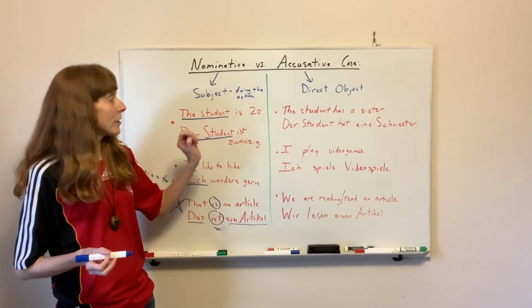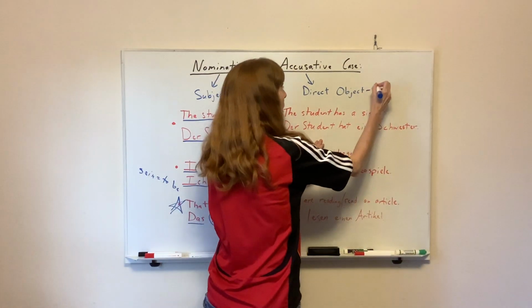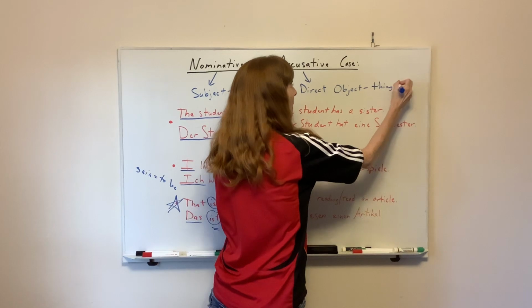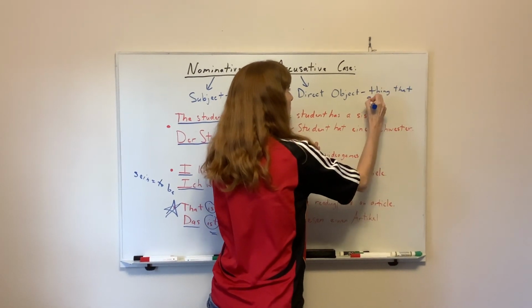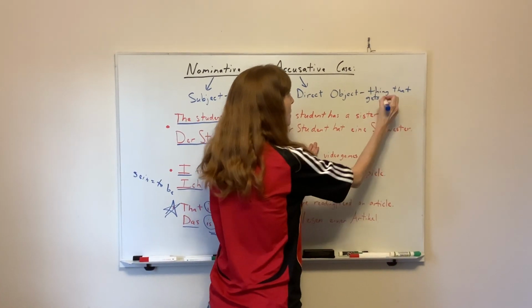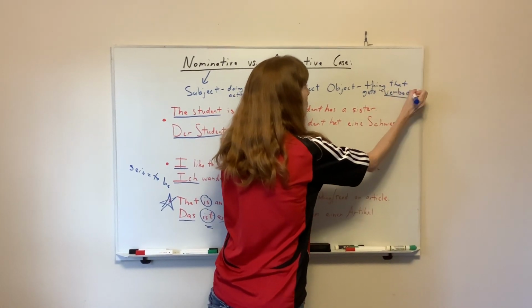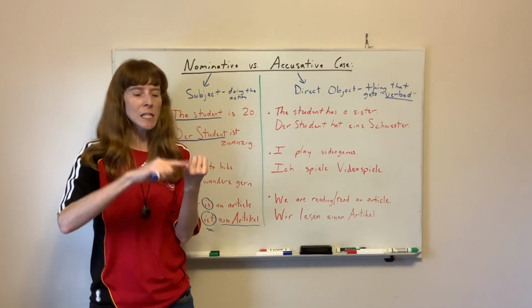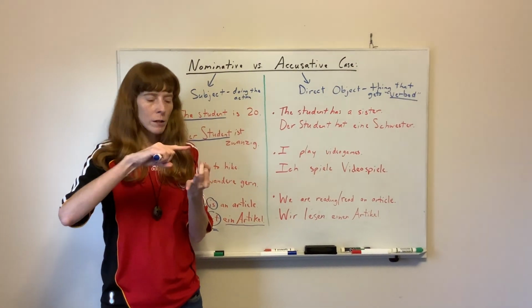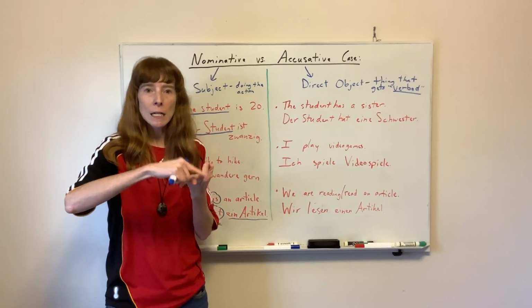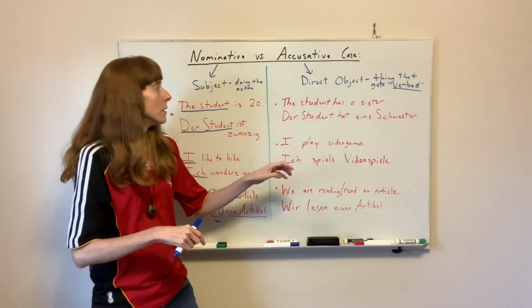Well, normally the direct object is the thing that gets done. Or I'm going to say the thing that gets verbed. Verbed. Because we can have lots of verbs here, like the thing that gets eaten, the thing that gets bought, the thing that gets seen, the thing that gets read.